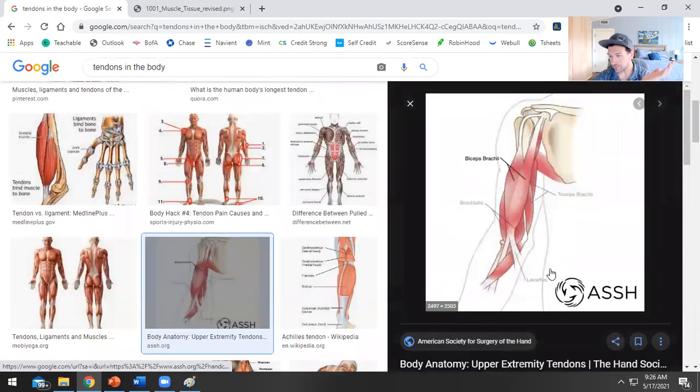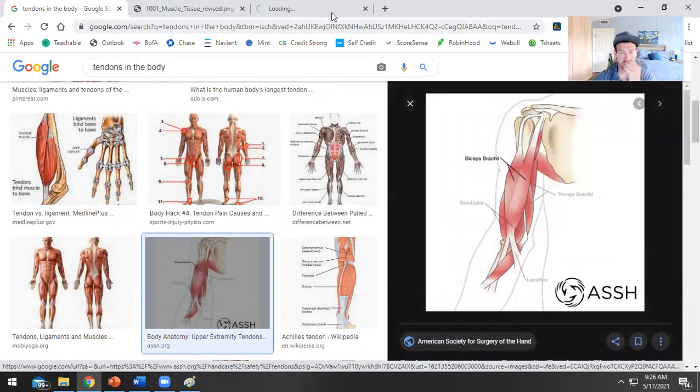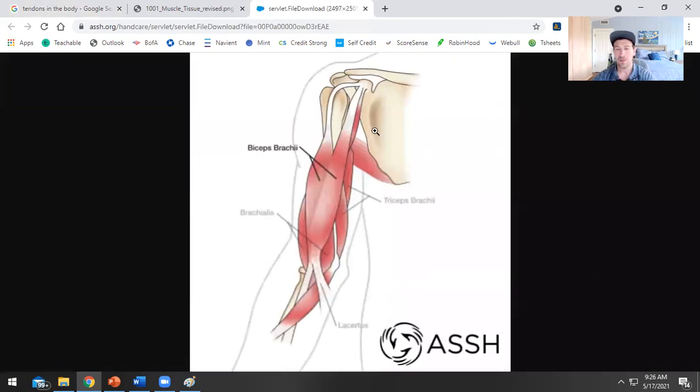Perfect. So if we take a look right here, we've got our biceps muscle. This is our biceps brachii, and it's got a tendon that runs onto your scapula right here, and then this tendon runs up and over and also grabs onto your scapula right here. And then this is going to run down and grab onto your ulna in your forearm.